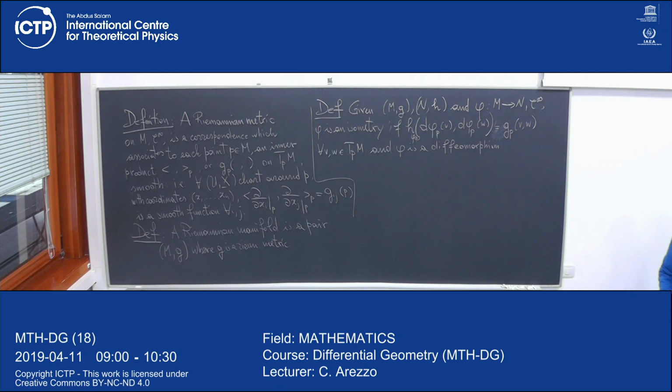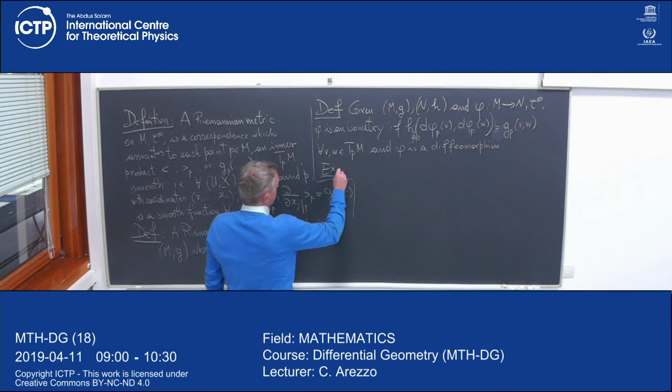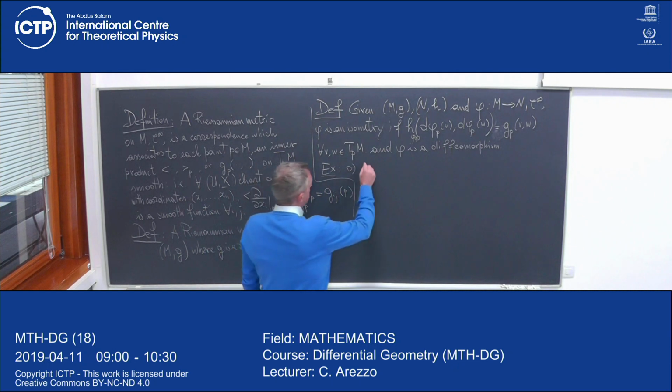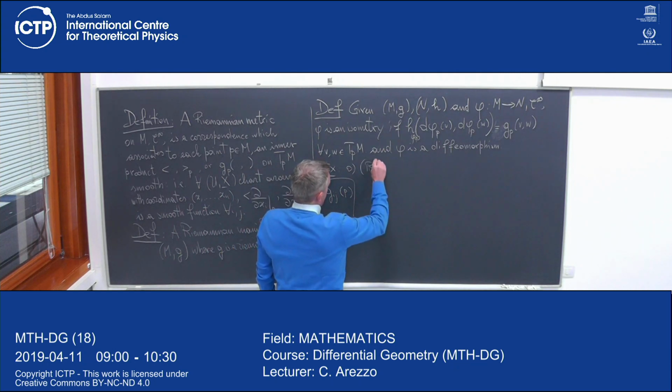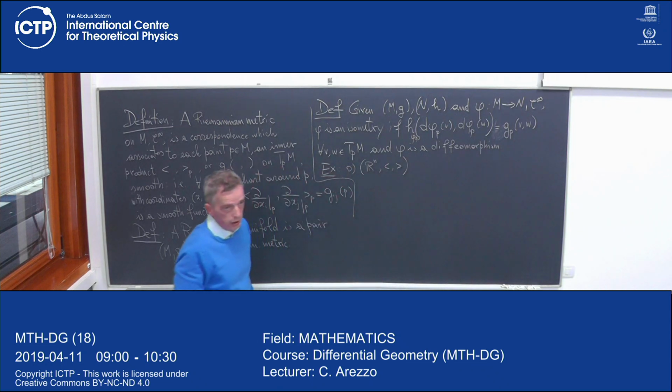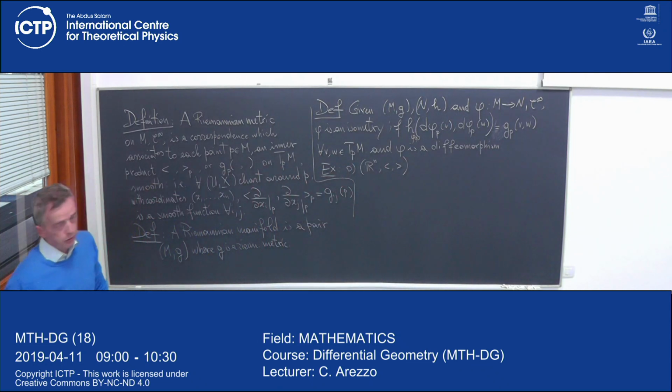Okay, so now having done surfaces, now all this is very fast. So, of course, examples. I already said more or less in words what it means, the Euclidean space now seen as a Riemannian manifold. If you take Rn with the usual scalar product that you have always used in your life.